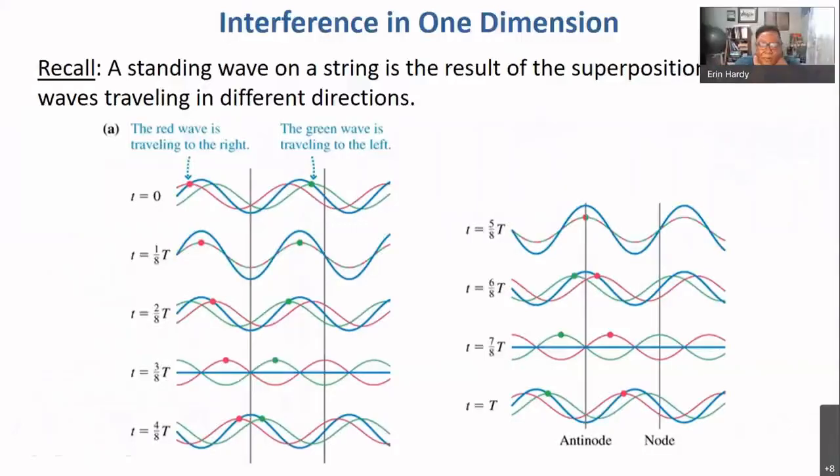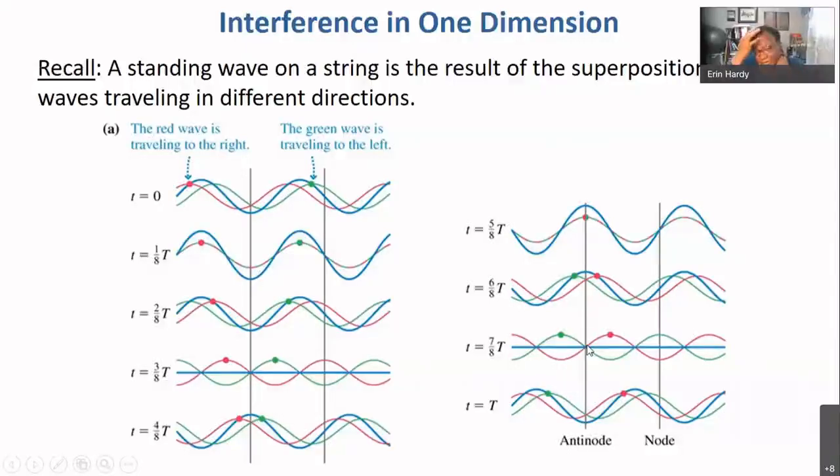We stepped through all the possible ways that we could sum up the net displacement of the wave that's traveling toward the right, the red one in this case, and the green one that's traveling toward the left. We split this up into eighths of a period so that we could see that there were 2 scenarios that would lead to a standing wave that had a net displacement of 0. The 2 waves would have to be perfectly out of phase.